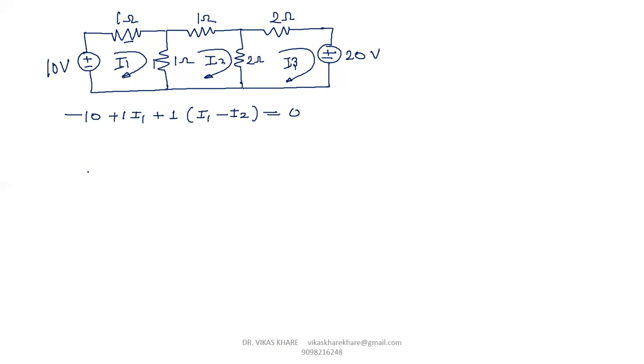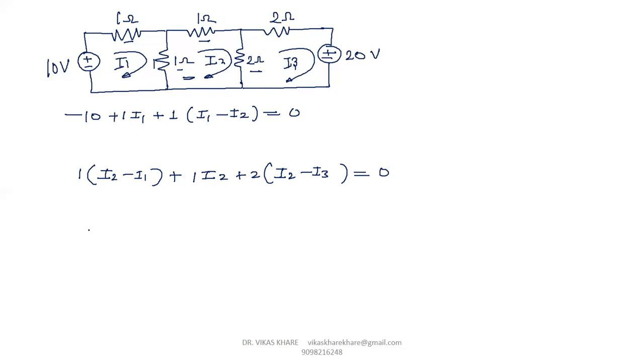Now the second equation, with respect to loop 2: 1 into I2 minus I1, plus 1 into I2 across this resistor, plus 2 into I2 minus I3, because I2 minus I3 applies to this 2 ohm, equals 0.